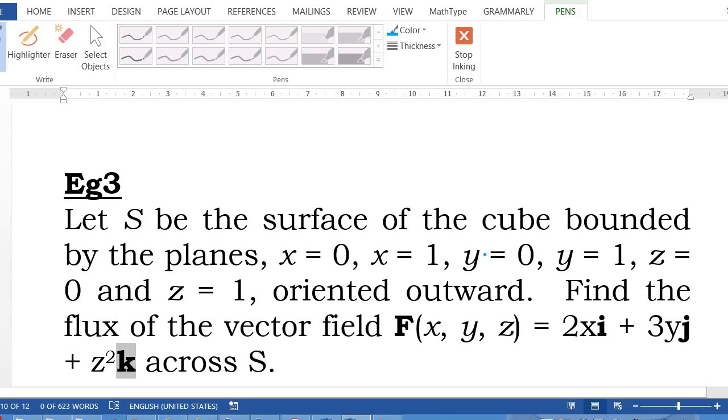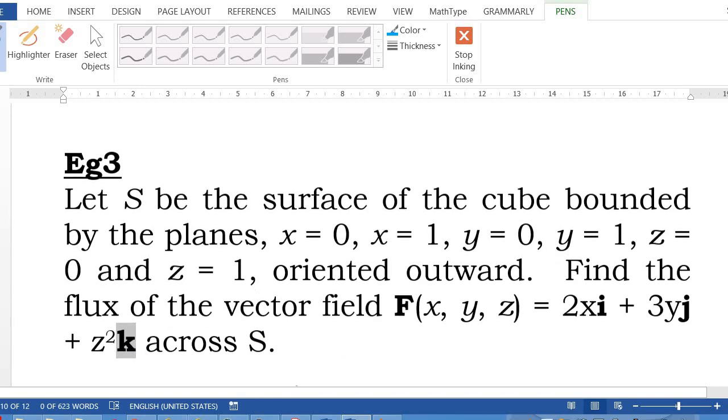At each surface, they have a different direction. The sphere, upper hemisphere pointing up, lower hemisphere pointing down, but here the cube, each surface has a different direction of unit normal vector. Then find the flux of the vector field F equal to 2x i plus 3y j plus z squared k across S.